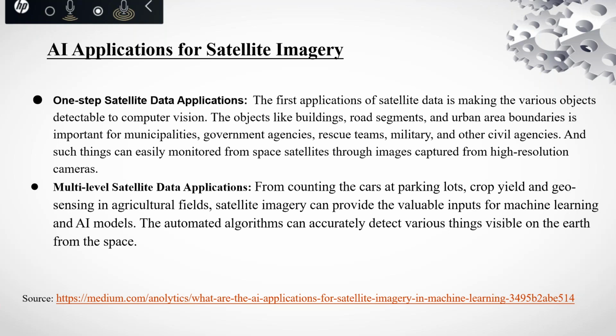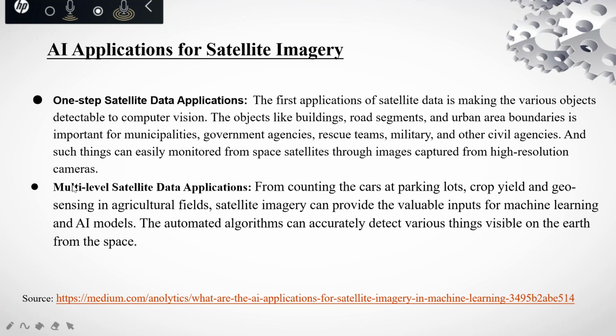Here we use computer vision to detect various objects like the buildings, the road segments, the cars, the urban areas, that is important to the municipalities or the government agencies, the rescue teams, also for the military and other civil agencies. Such things can easily be monitored from space through images, as we have seen earlier, from high resolution cameras, obviously.